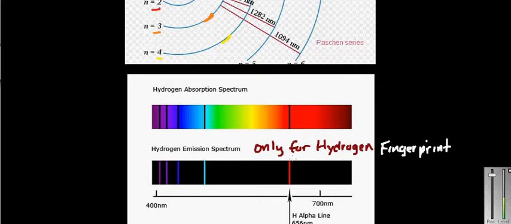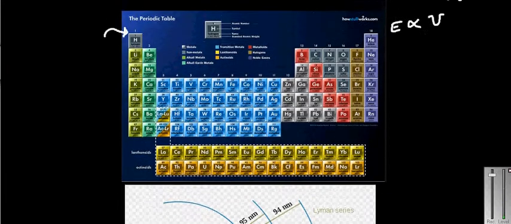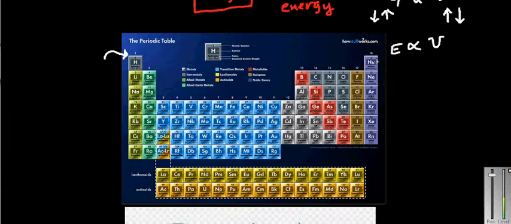And this not only applies to just hydrogen, but his theory also applies to helium plus and lithium 2 plus. The reason is, if you look on the periodic table, when you remove 1 electron from helium, you're left with 1 electron.